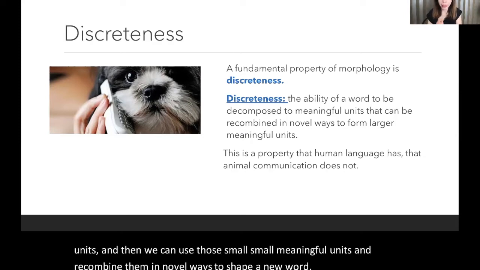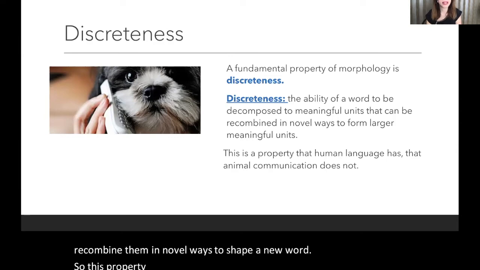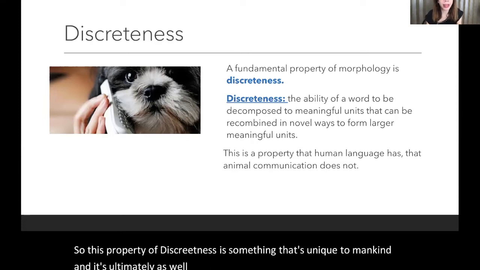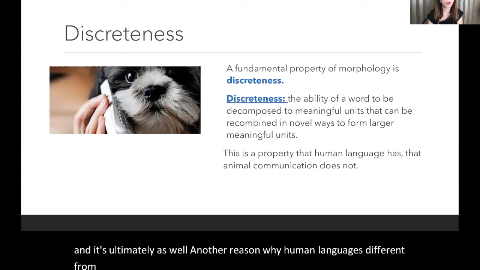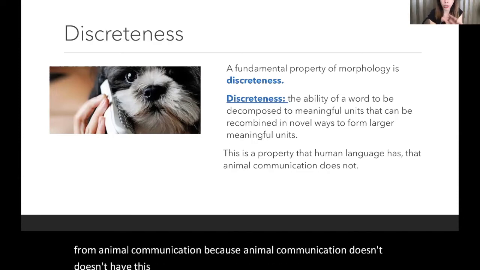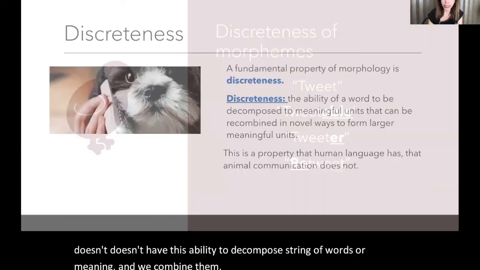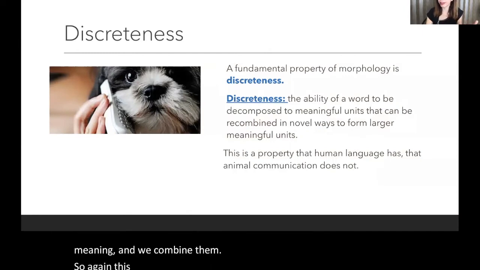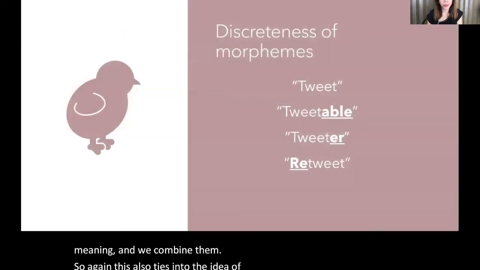So this property of discreteness is something that's unique to mankind, and it's ultimately another reason why human language is different from animal communication, because animal communication doesn't have this ability to decompose a string of words or meaning and recombine them. So again, this also ties into the idea of linguistic creativity.